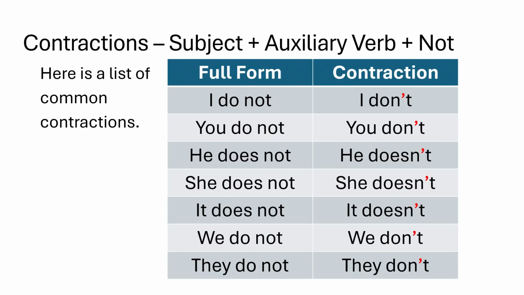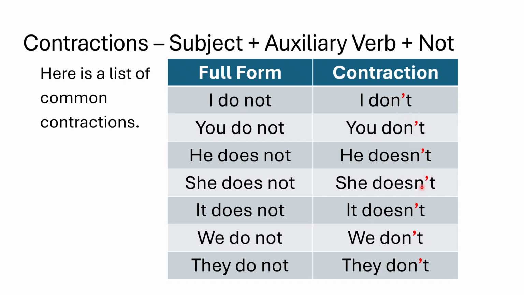Here is a list of common contractions. These contractions are made up of the subject plus the auxiliary verb do in the simple present tense plus not. The form changes in the third person from do to does. So the contraction changes from don't to doesn't.